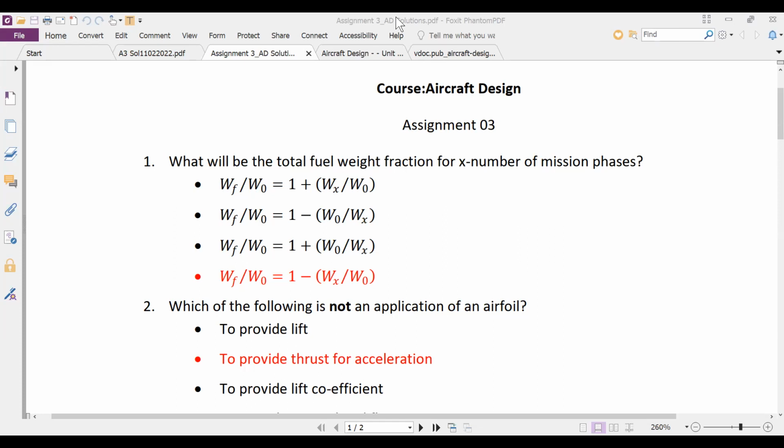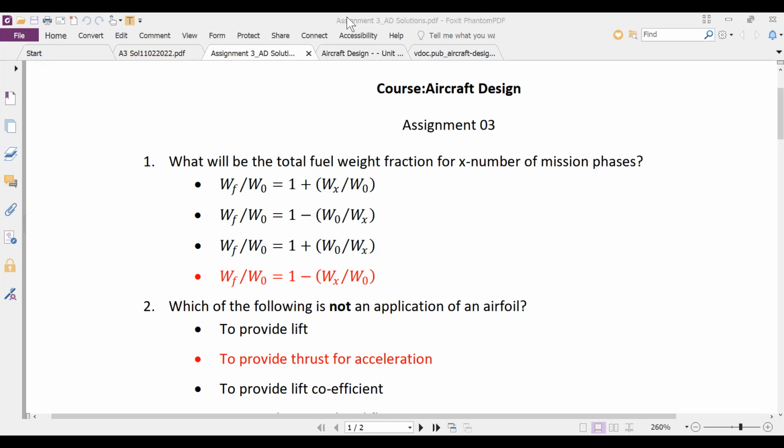Sir, this is so because when we calculate the entire gross weight of the aircraft, we will arrive at the equation that the total fuel consumed during the flight divided by the total gross weight gives the initial weight at that moment, sir.